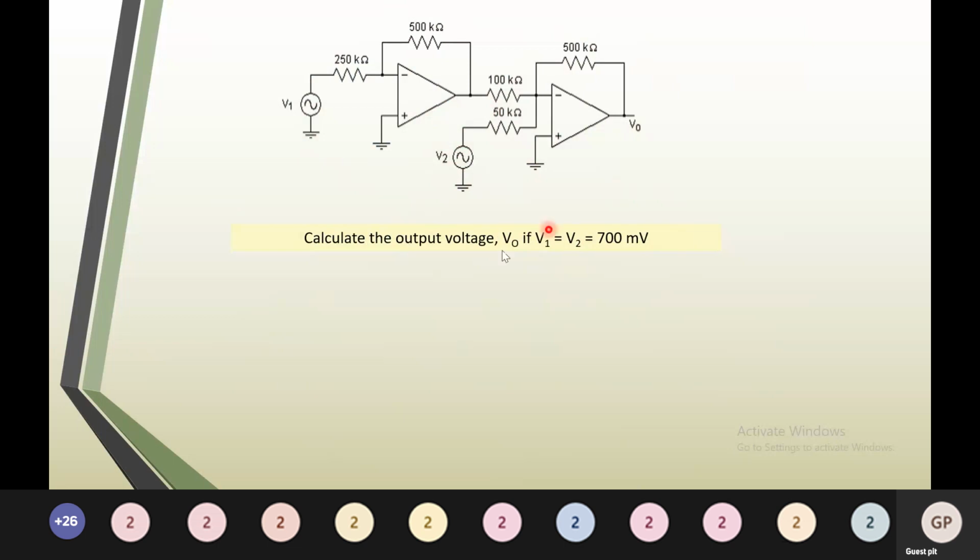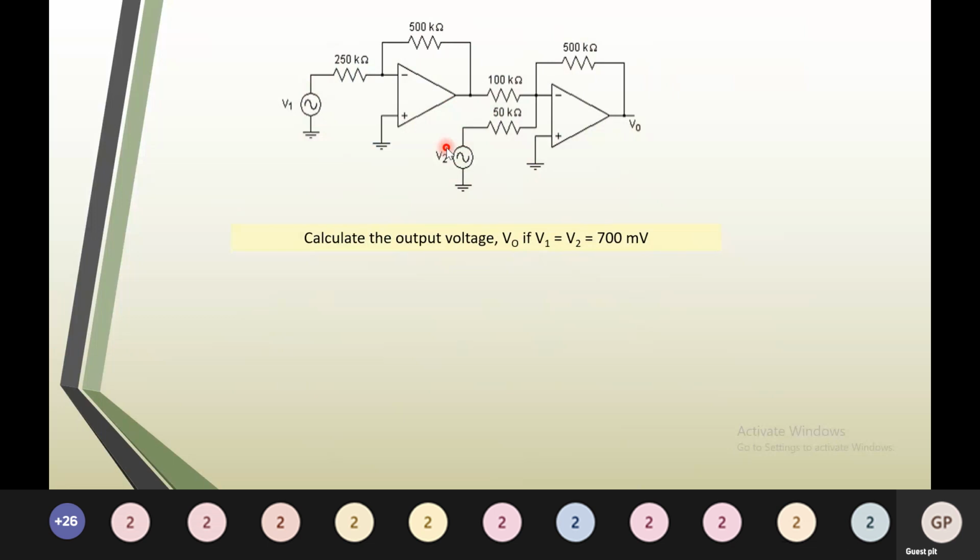So we have to calculate the output voltage. How to calculate it? Write the expression for the inverting amplifier and find the output equation, then write the expression for the summer and find the output equation. Please do it. Very simple problem, a direct question. The main thing is you should know how to identify the circuit.